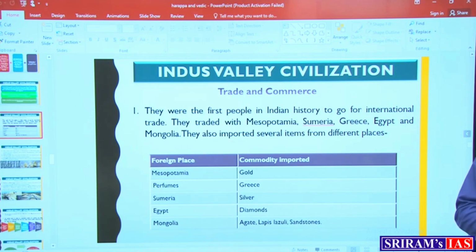Harappans imported luxurious items including bullions. Bullions means gold and silver.